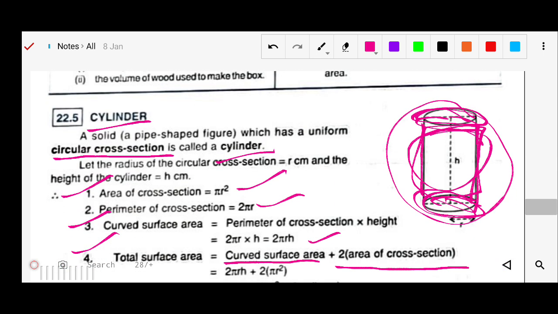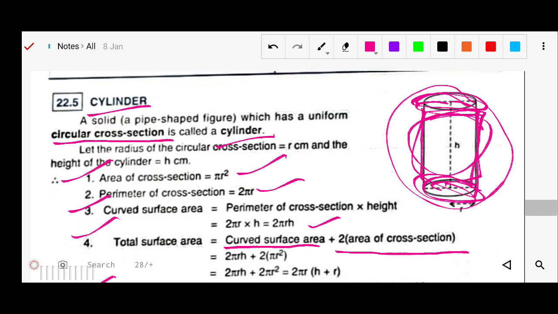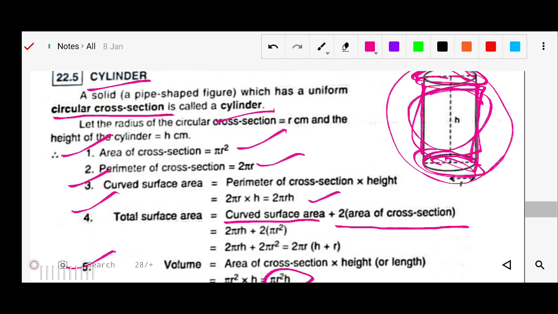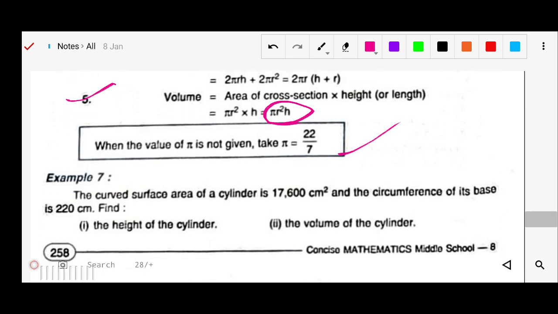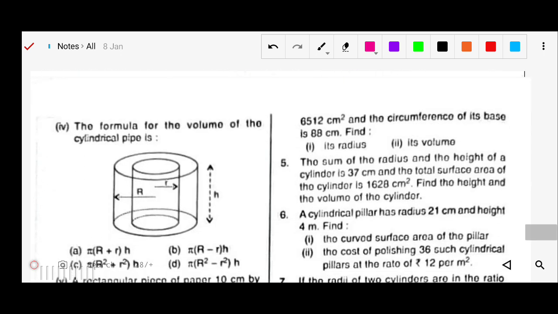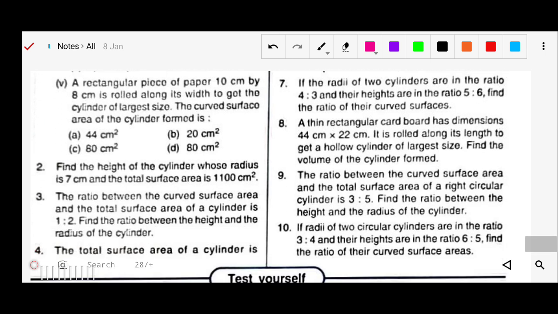So for this chapter we have the cuboid, cube and cylinder. First of all, write down all the formulas and learn them, and based on this, solve exercise 23b. As I have told you, first go through all the solved examples in this chapter, then you can do the questions.